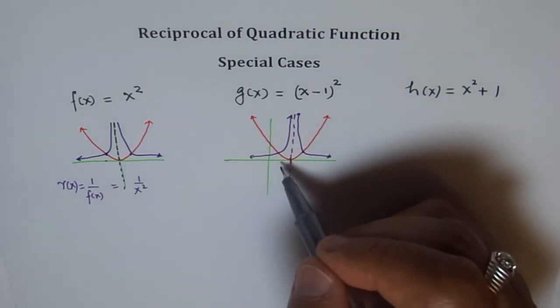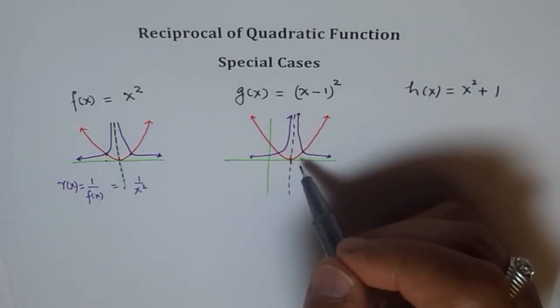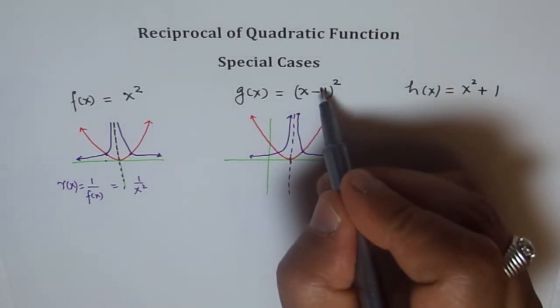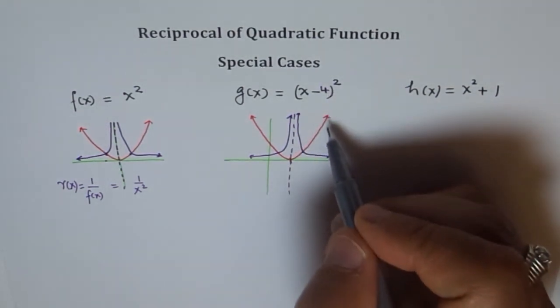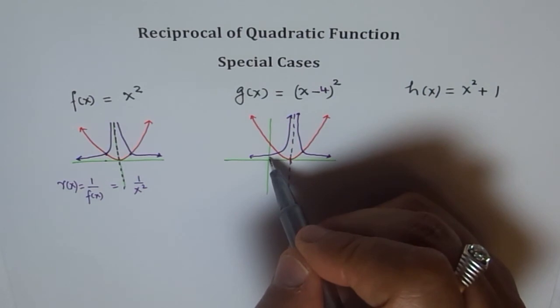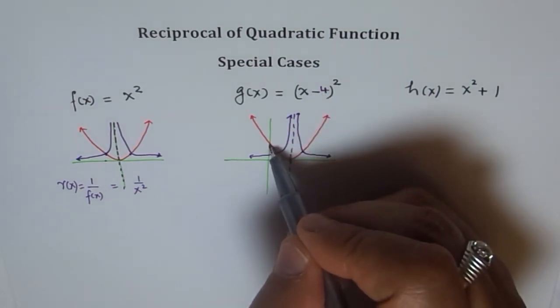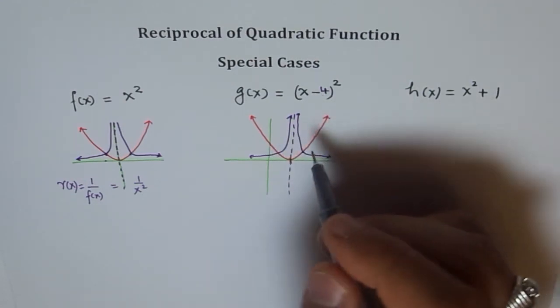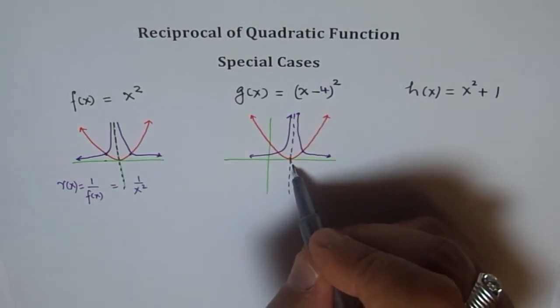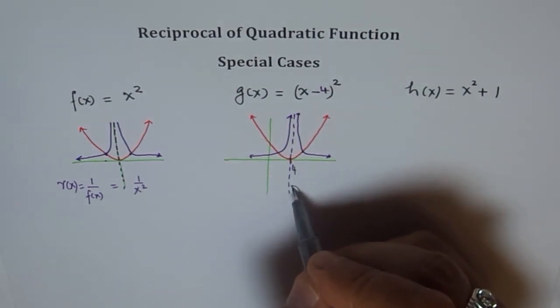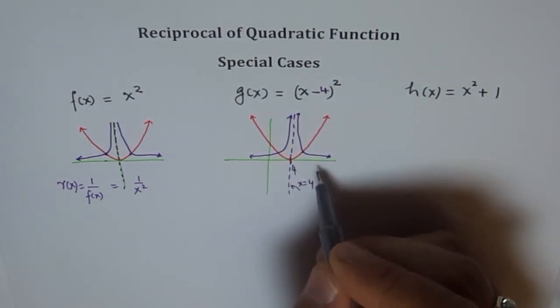It may not be exact. Well, let me change this value. Let me write this as 4 here, okay? Purposely I'm doing it because I've drawn it lower. If it was 1, my 1 will be here and that will be my invariant point. That is why I made it 4 now, okay? So that point, vertical asymptote, is at x equals to 4, correct?